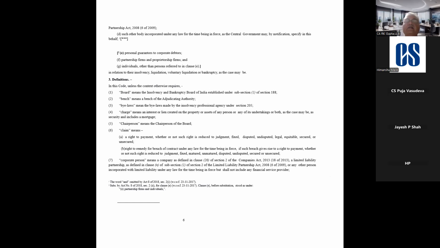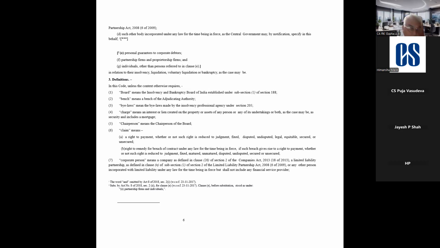If the other party does not perform its part of the obligations, then you have got a right to remedy for breach of contract. Like I normally give the example of free supply of steel and cement. You are a contractor, but the client is obliged to give you free supply of cement and steel. If it doesn't give it and that results in delay, then you are entitled to some damages. So that will be covered under claim.